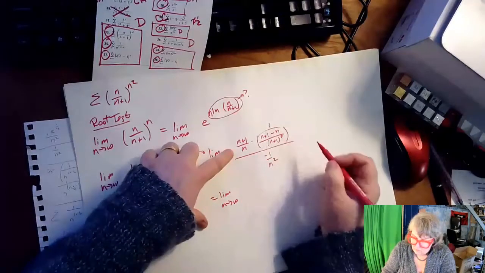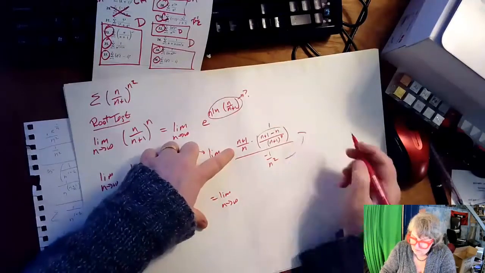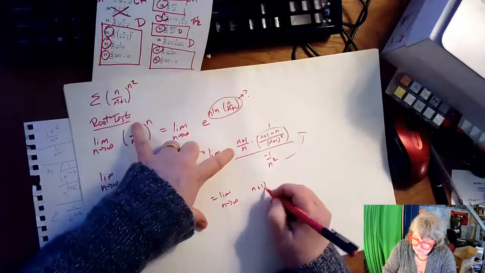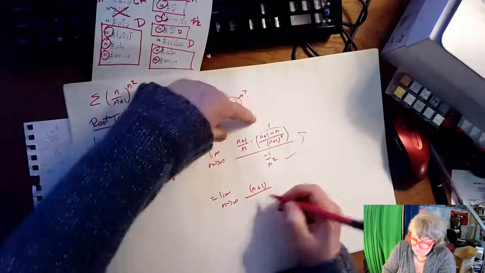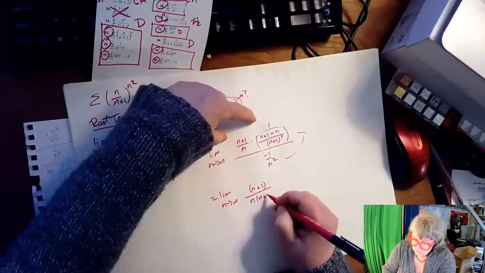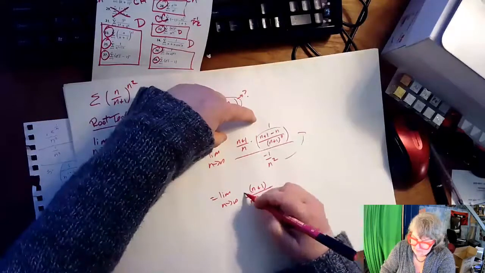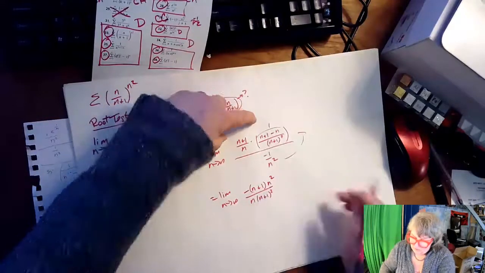This becomes a 1. This pops up here. So I have n plus 1 over n times n plus 1 squared. When this comes up, I have a negative n squared.